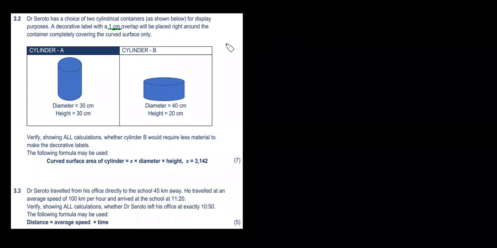Let's just check something here. A cylindrical decorative display with a 1 centimeter overlap. So here, 1 centimeter overlap, what does it mean?